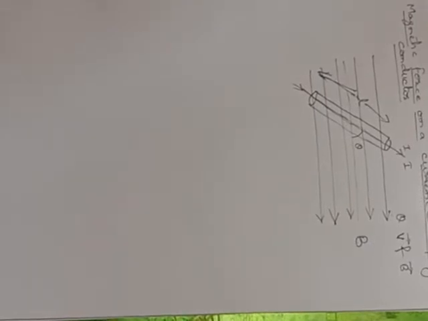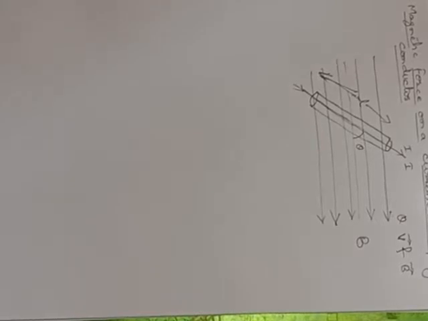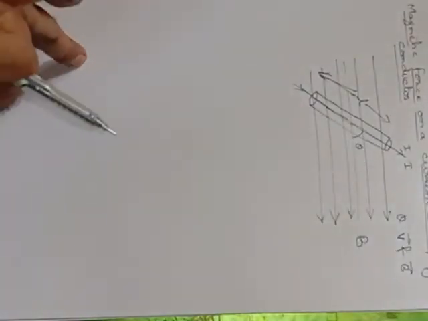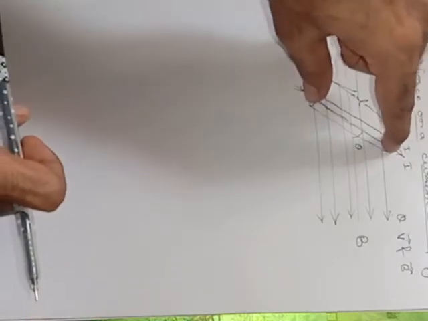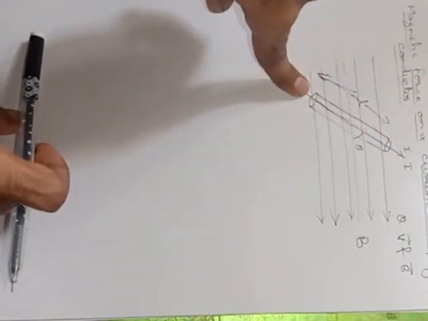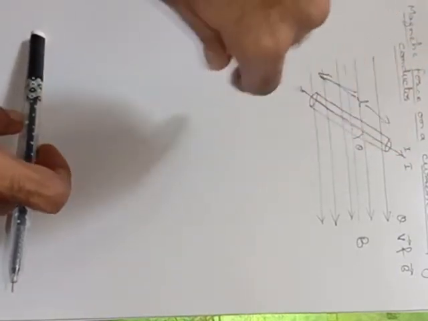Now we have to derive what is the magnetic force on a current carrying conductor. In this condition, there is a wire which carries I amount of current.